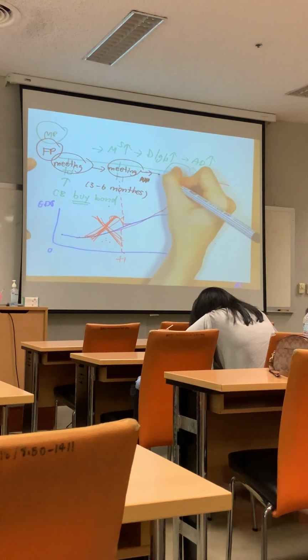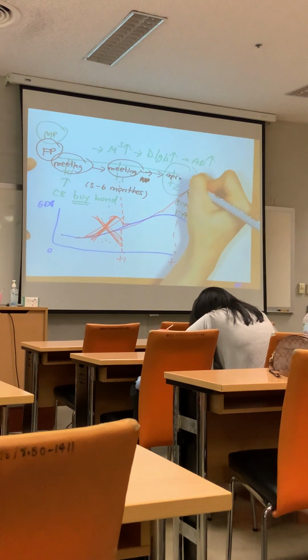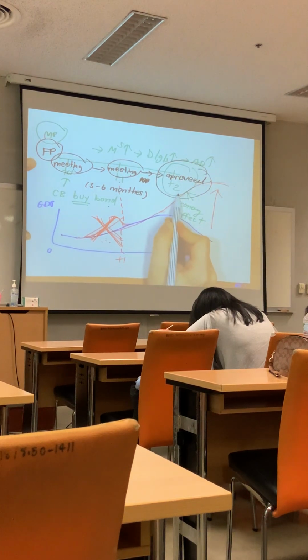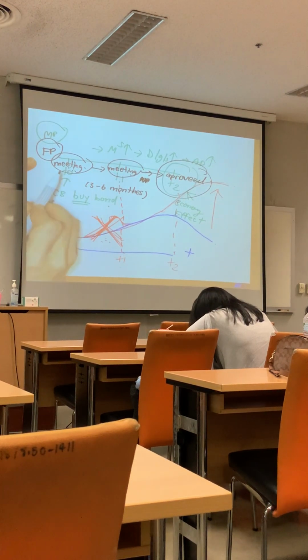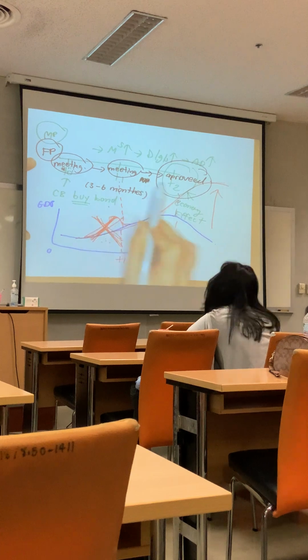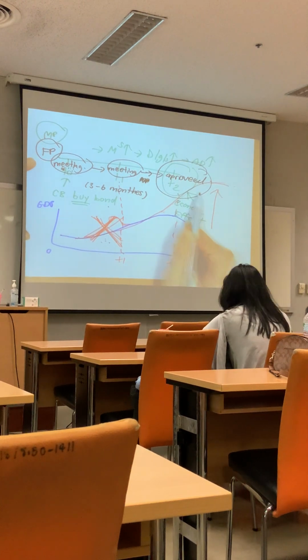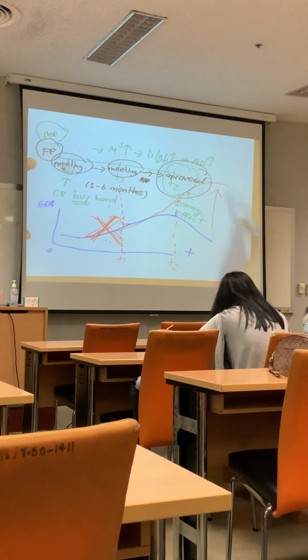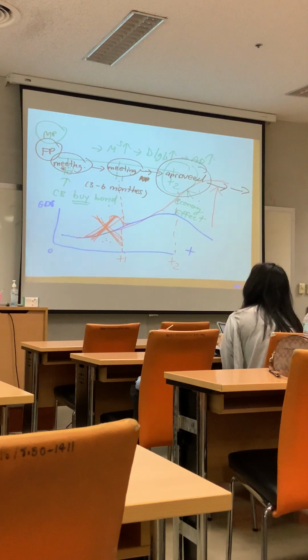So maybe you do a lot of meetings until you approve the policy at time T2. If you first meet, it doesn't mean that you can change anything. You need to wait a long time before you get approval from Congress, and then you can use your policy. Maybe the steps are even longer than this.